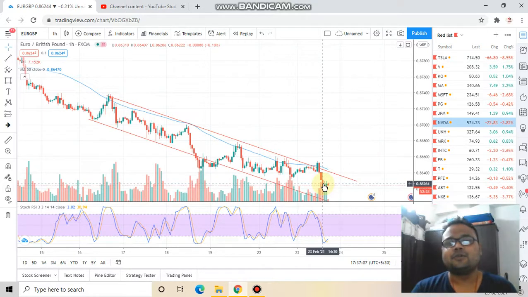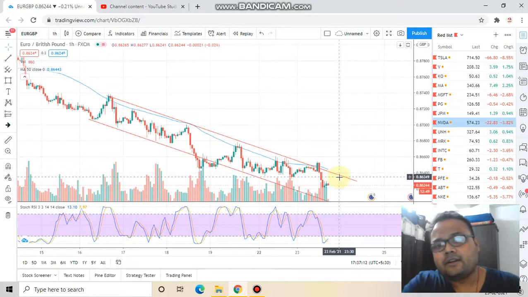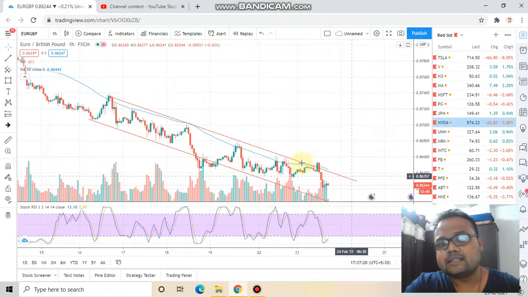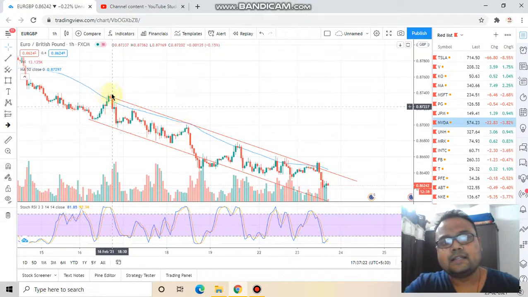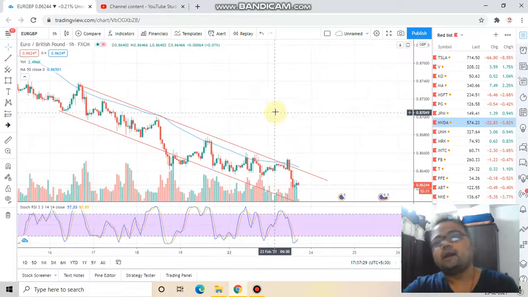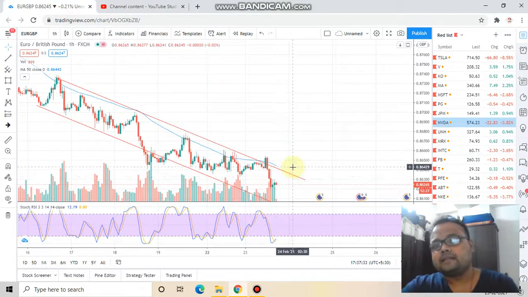So when market will hit this particular trend line and you'll see some price rejection from above, or a pattern like this, like this, like this, when you'll see that the price is reversing again from the trend line, you can go for shorting the market. That is the only strategy available for Euro British Pound for the day.